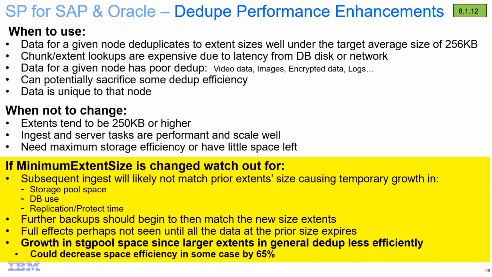That will lessen as the older extents age off. Also, the growth in storage pool space is probably going to occur since larger extents in general dedupe less efficiently. So you could decrease your space efficiency in some cases by up to 65%.